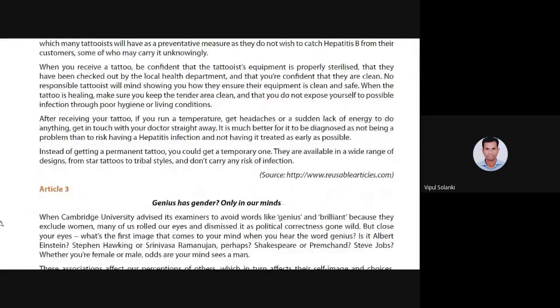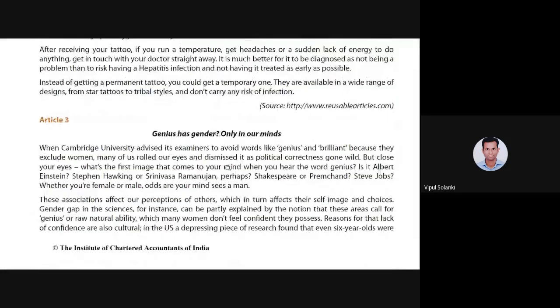And article number 3, genius has gender only in our mind. Now just think about the title. Think about the title, and let us invite Nista to comment on the title of this article. Nista, what do you understand by this title of this article? Genius has gender only in our mind. Sir, is it audible? Yes, yes, please. It is audible.